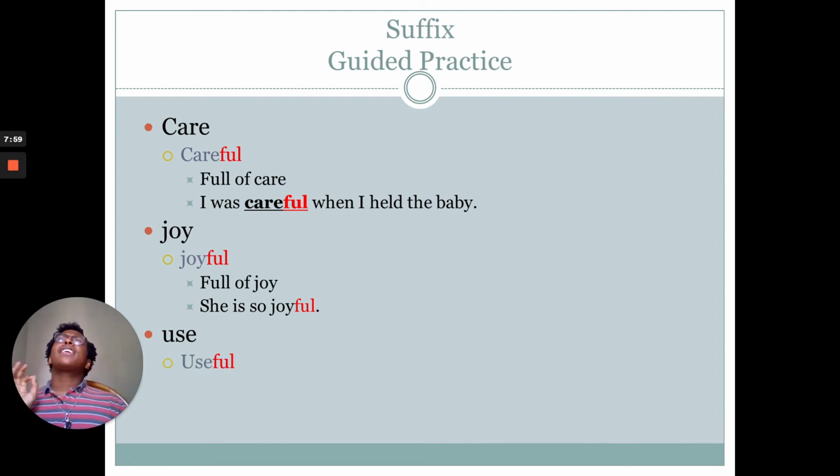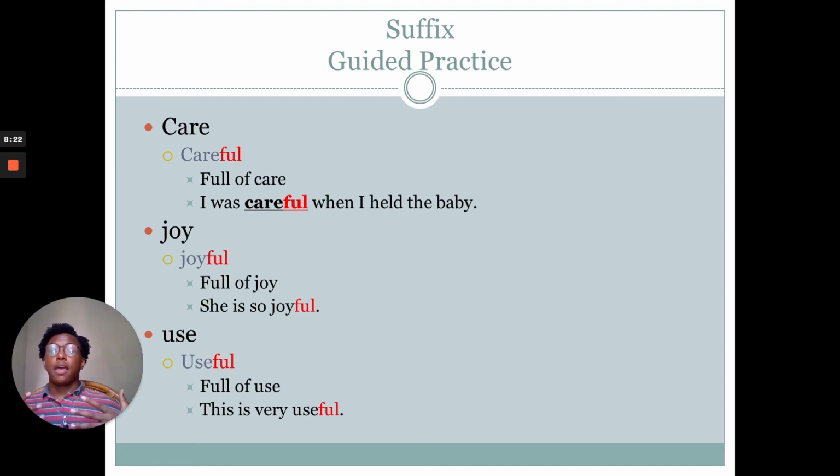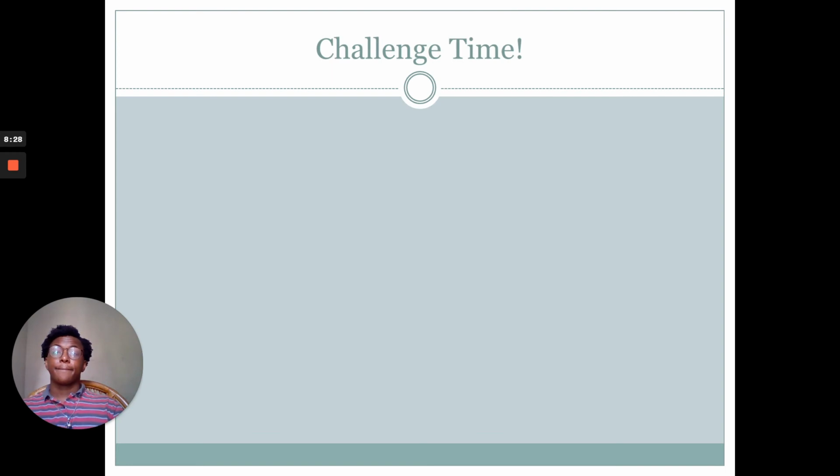So if careful means full of care, and joyful means full of joy, useful means full of use. An example of this in a sentence is, this is very useful. This is very full of use. I can do a lot of things with this because this is very useful.